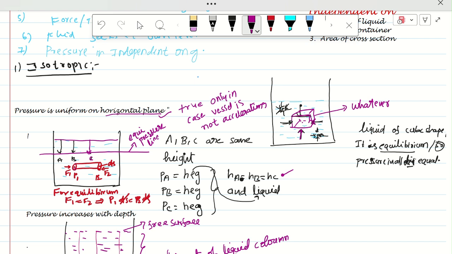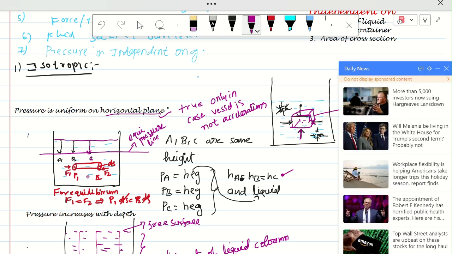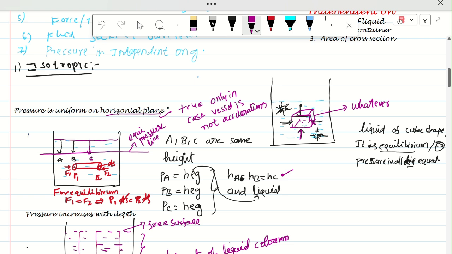On both sides of this element, forces F1 and F2 act as shown in the figure. These F1 and F2 are equal because the element is in equilibrium. F1 means pressure into delta area, pressure into dS, where dS is the small cross-sectional area. So P1 equal to P2, I have proven.